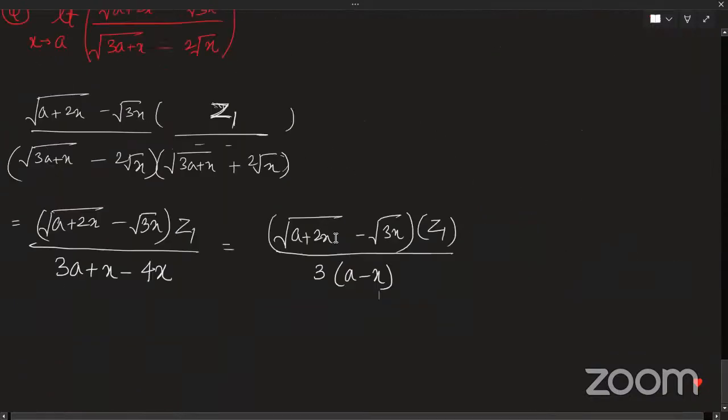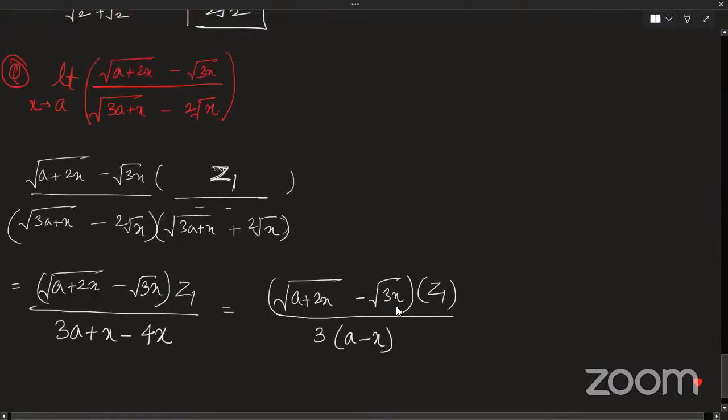Are both of these somehow related? I agree that the thing we are currently talking about is still in the 0 by 0 form. If it is still in the 0 by 0 form, is something possible? Rationalization again, on the numerator again.